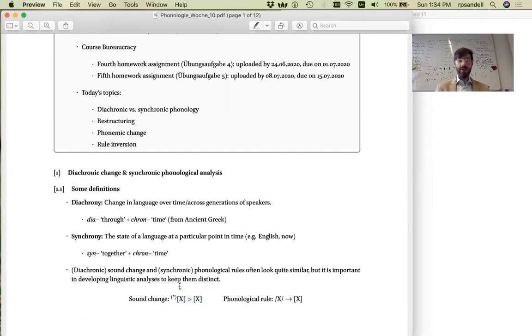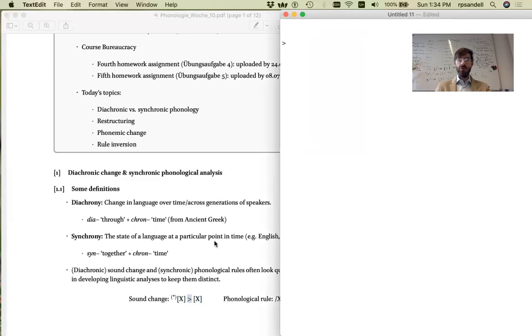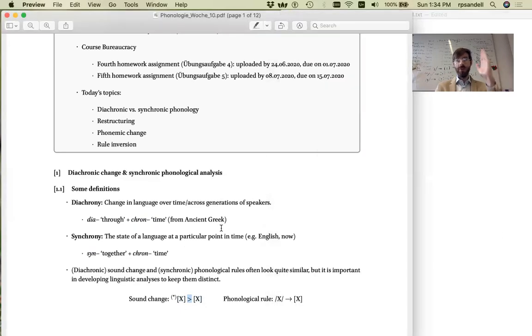That is, a sound at one point in time is realized in one way and realized differently at a later point in time. Notice also that we use a different symbol, the greater than sign, for showing this change over time. This means going from an earlier point in time to a later point in time.